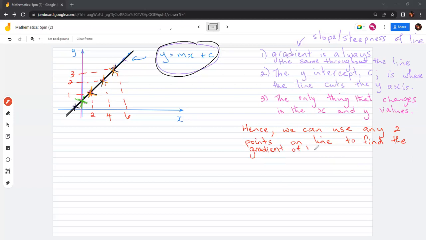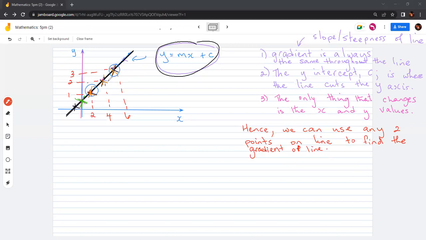Right? Remember, the gradient is your steepness of the line. So I could use any 2 points. So I'm going to use this point and this point here.